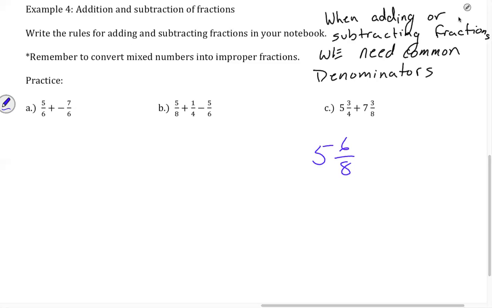Mr. O'Donnell, would you agree that 3/4 and 6/8 are the same? Yeah. All right. So 5 and 6/8 plus 7 and 3/8 is 12 and 9/8. But 9/8 is 1 and 1/8. So this would be 13 and 1/8.